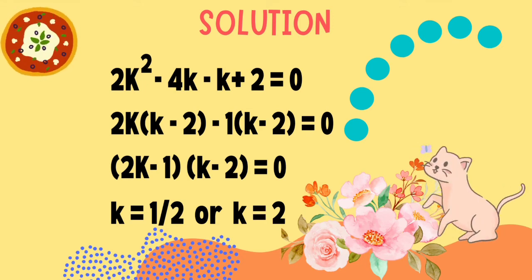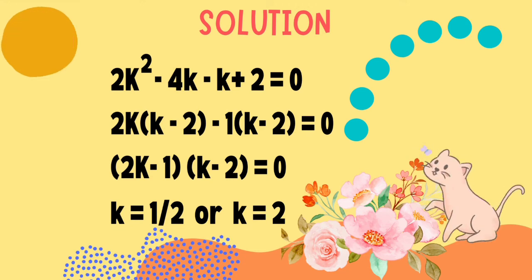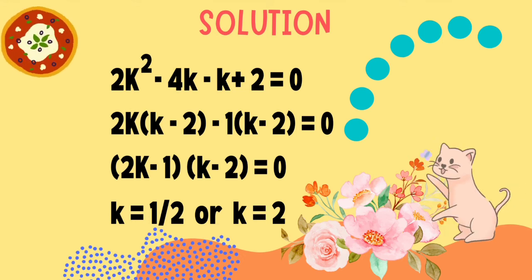On the other side, minus 1 is common to both of the terms. So you have minus k being divided by minus 1, leaving you with k, and plus 2 divided by minus 1, leaving you with minus 2. You collect what is outside the bracket and group it into 1, which is 2k minus 1, and then you take one of the expression inside the bracket, which is k minus 2.